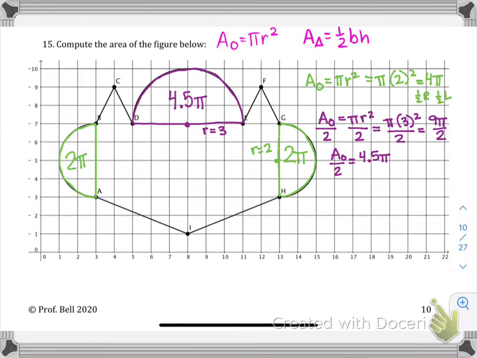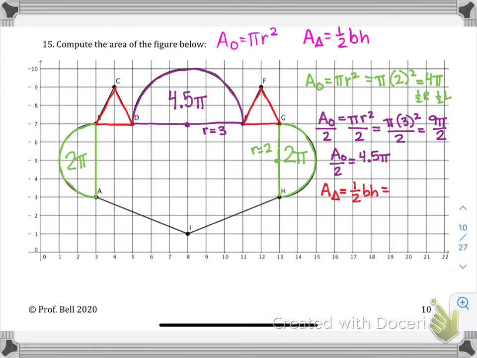Now, what we had remaining were red triangles at the top. So we do know that we're going to need to find the area of this triangle and the area of this triangle. Now, they are congruent. So, on the right-hand side again, the area of a triangle is 1/2 times its base times its height.